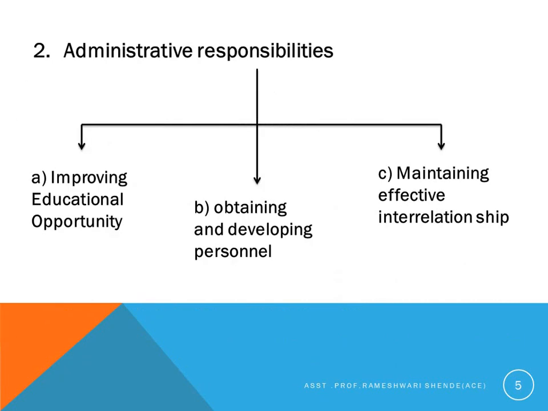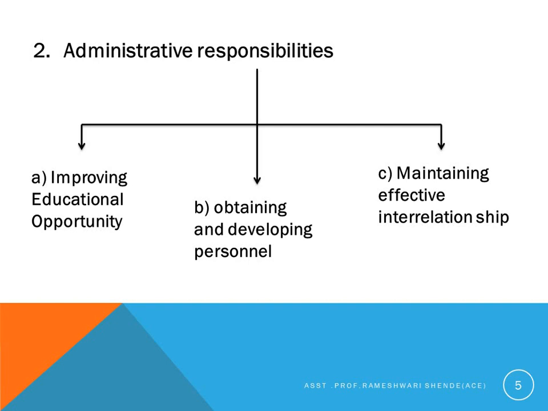Now let's see administrative responsibilities of the vice principal. In order to help the school to run well, the vice principal may assist the principal in carrying out administrative responsibilities, which are further categorized as follows. First is improving educational opportunity. Second is obtaining and developing personnel, and third is maintaining effective interrelationship. These are the administrative responsibilities of the vice principal.